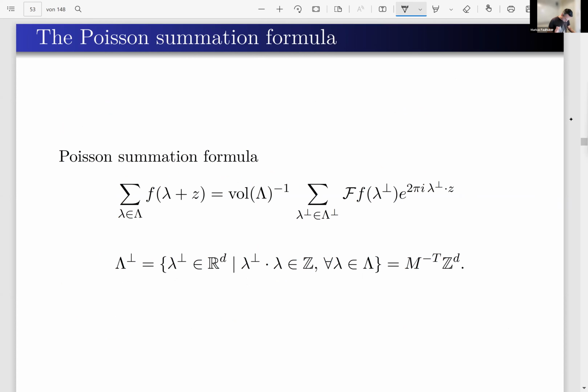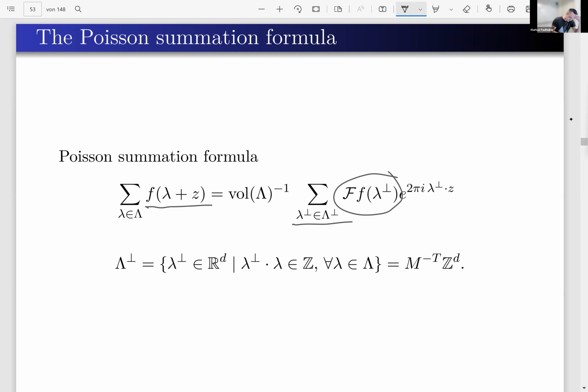Sorry, I thought this slide was coming later, but it's coming apparently now. What we also need later is this Poisson summation formula. So if you take a function on a lattice and you shift it, this is the same as using the dual lattice, taking the Fourier transform of the function.